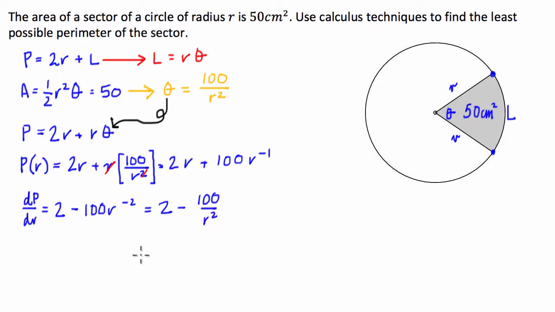Because we're looking for an optimal solution, at an optimal solution or a turning point in the function, the first order derivative is always equal to 0.